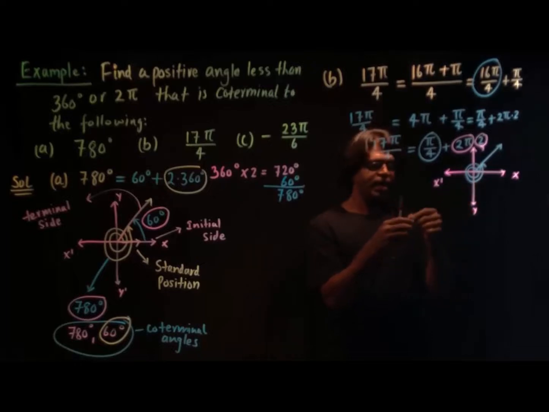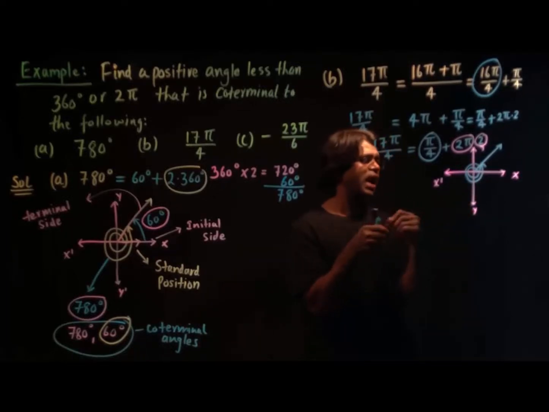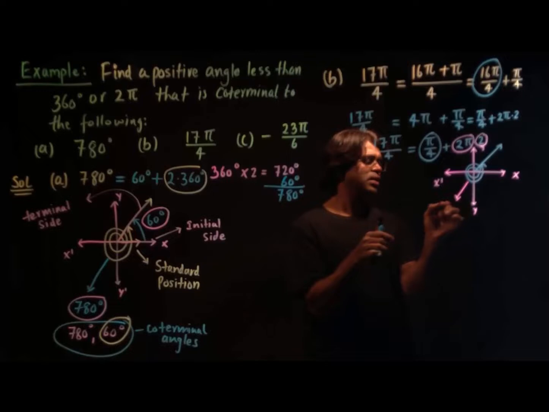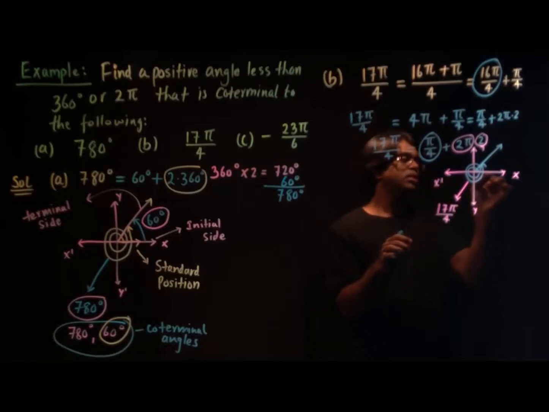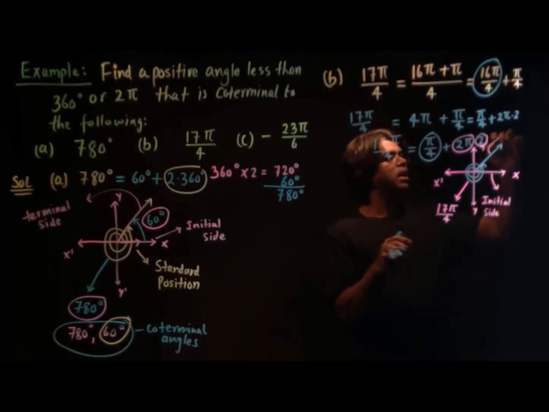So this whole angle, the one that we just drew, is 17 pi over 4. And if you remember, this is my initial side and this is my terminal side.